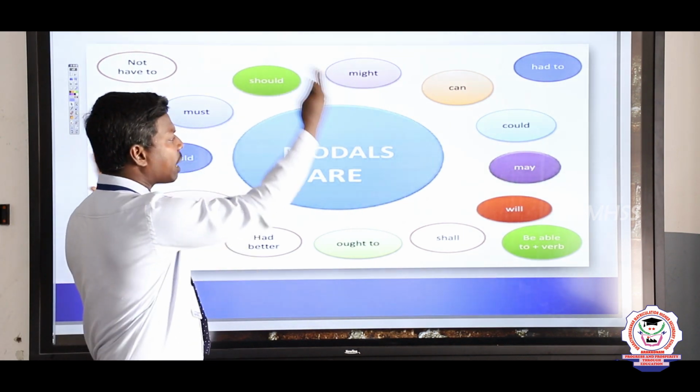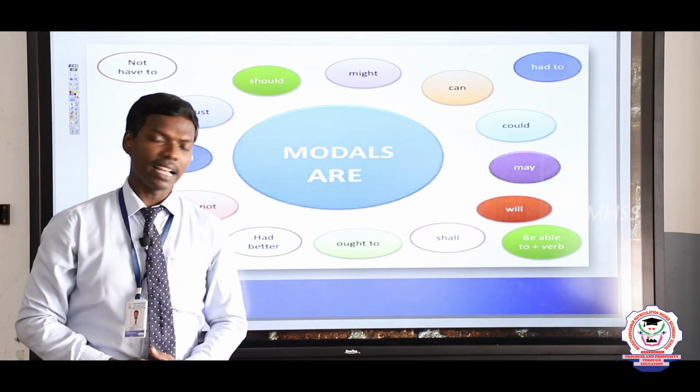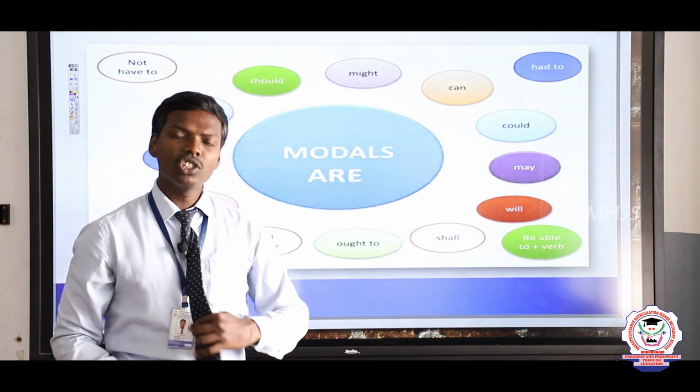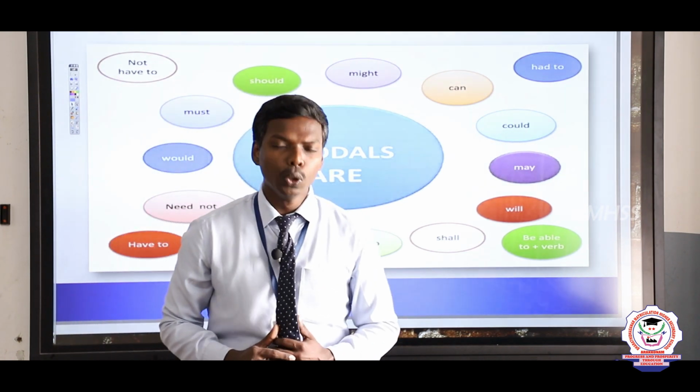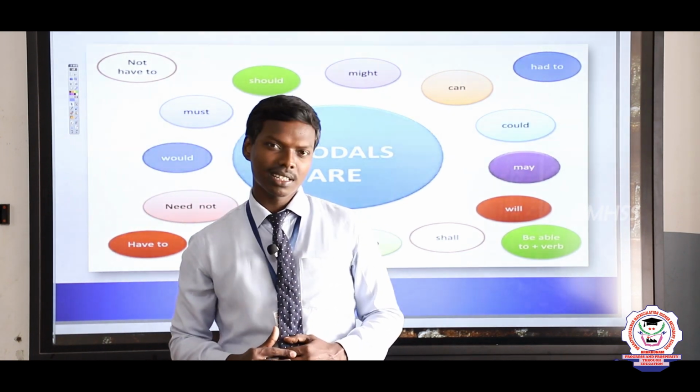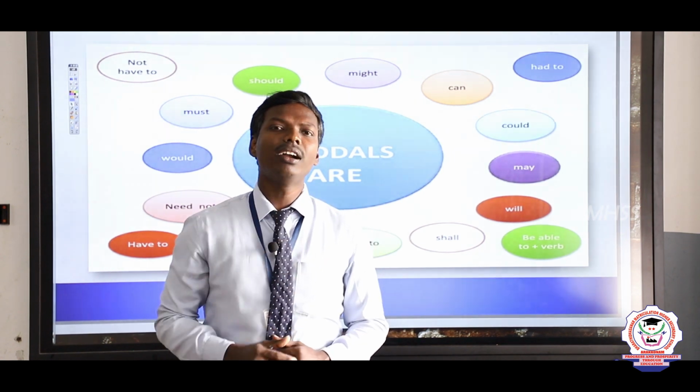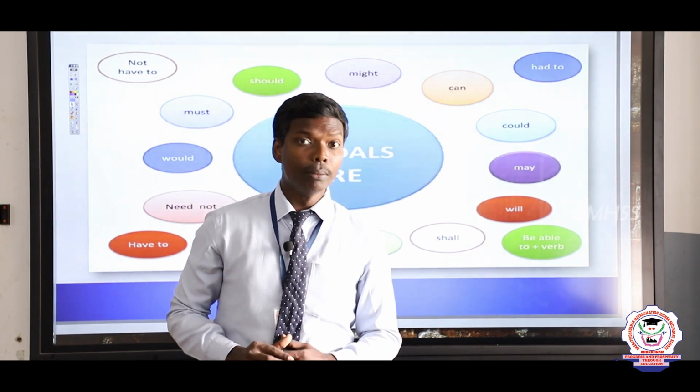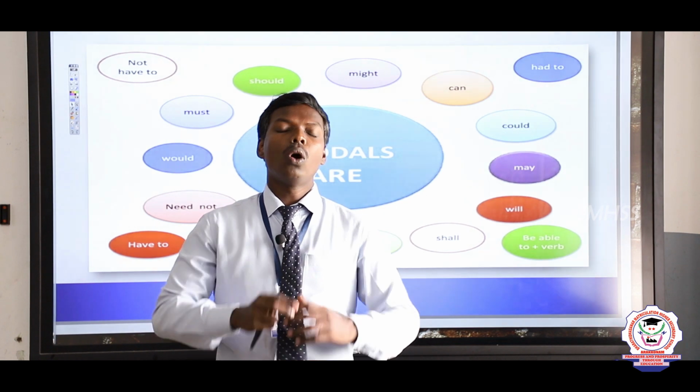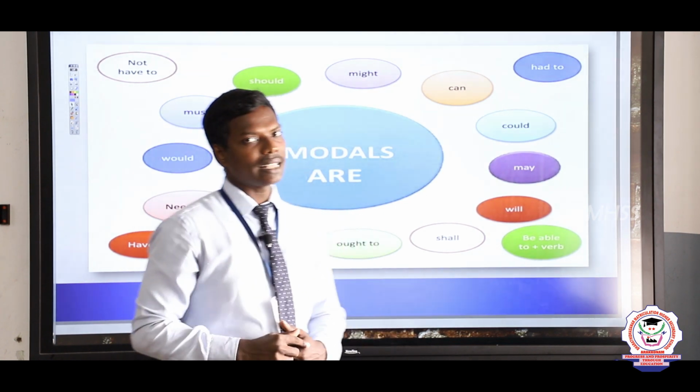So all these come under modal auxiliaries. I repeat, will, would, shall, should, can, could, may, might, must, need, dare, used to, ought to, able to, have to. So all these come under modal auxiliaries.